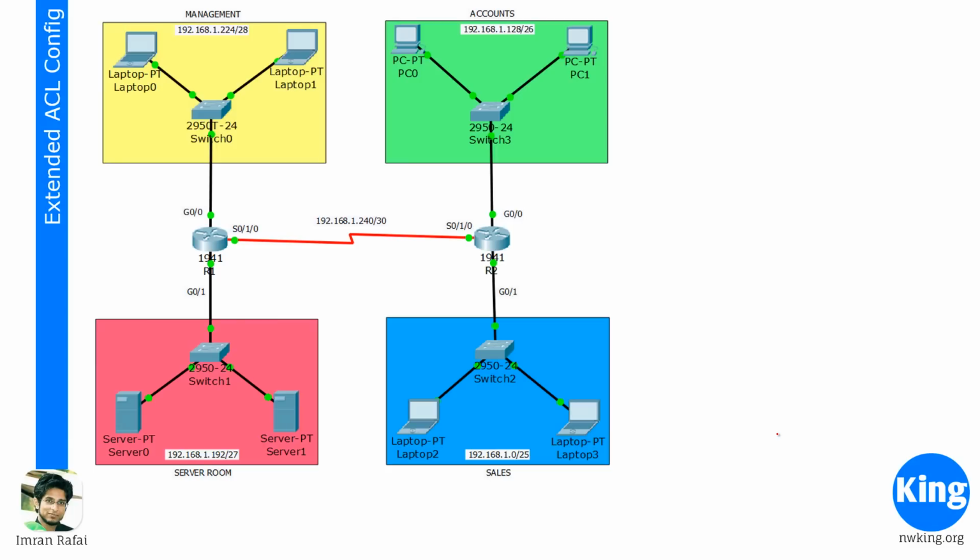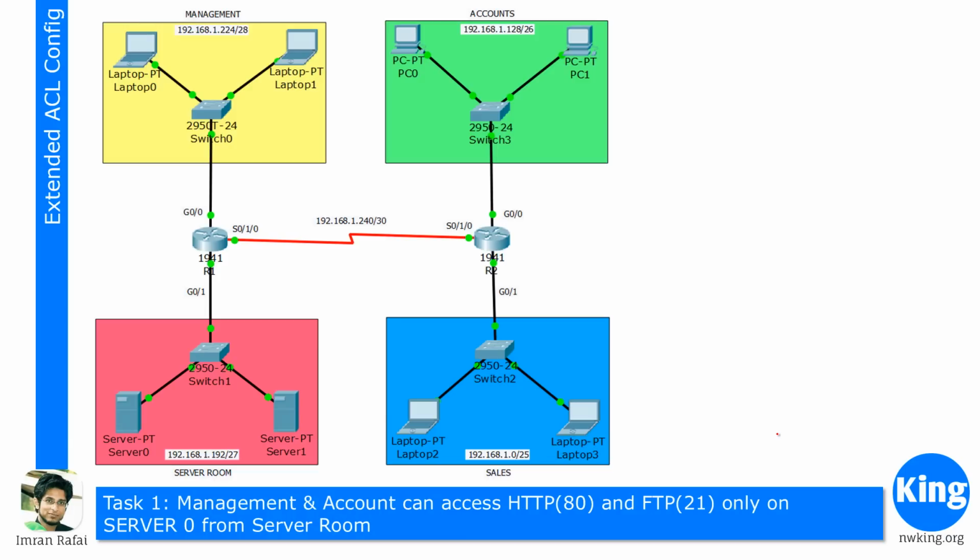Right, so let's look at a scenario, and we'll try to configure this. So our first task says management and accounts can access HTTP 80. HTTP 80 is nothing but web traffic, right? And FTP traffic only on server 0, right?